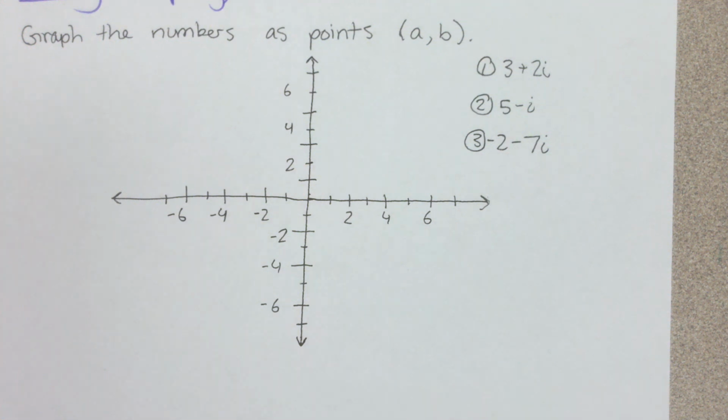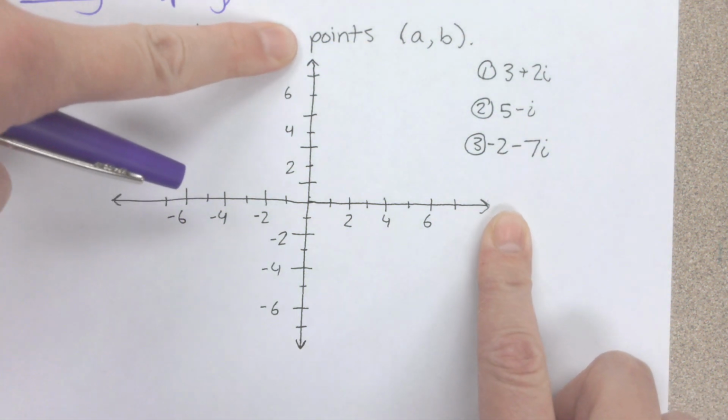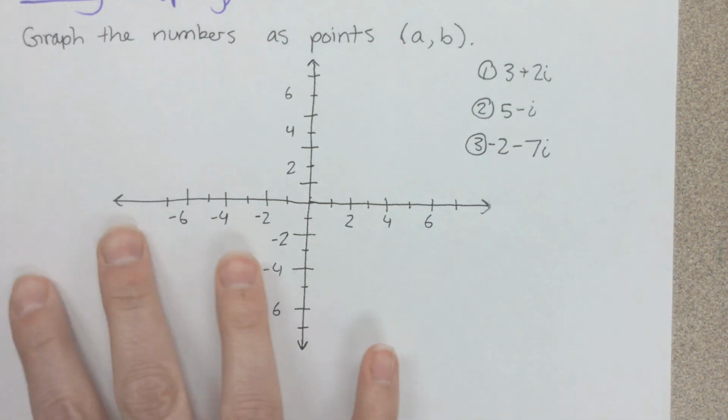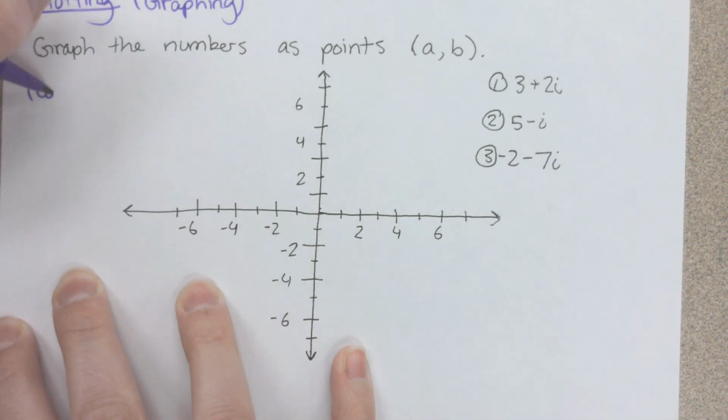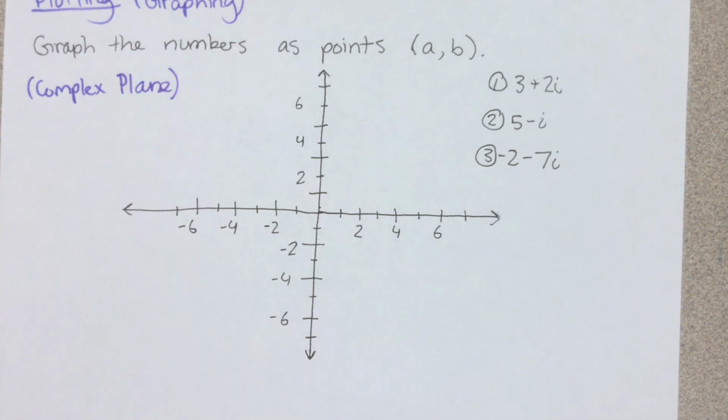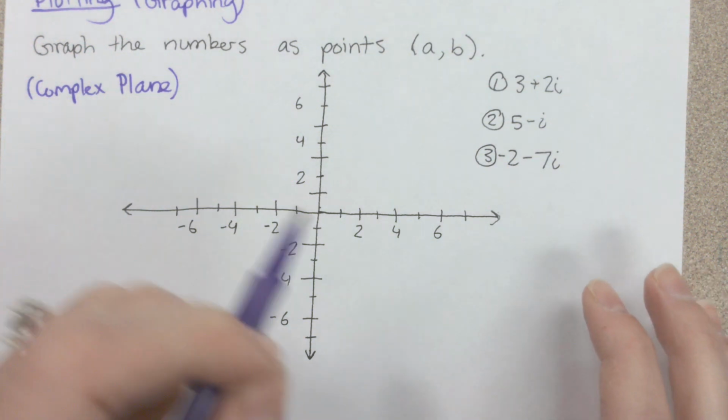One other thing, so you're used to calling this in the plane the x-axis and the y-axis. This that we're doing looks exactly the same as the real plane, but this is called the complex plane since we're plotting complex numbers. Not something you'll be tested or quizzed over, but it is good to be aware of the distinction. Since we're in the complex plane, these axes go by different names.